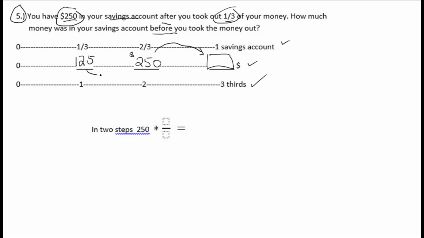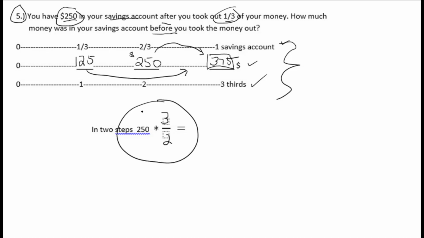And then 3 of those would be 3 times 125, which is 375. So it's kind of nice with number lines because you can visualize it. But in just 2 steps, it's going to be 250 divided by 2 times 3. So that's how you could do it with an expression.